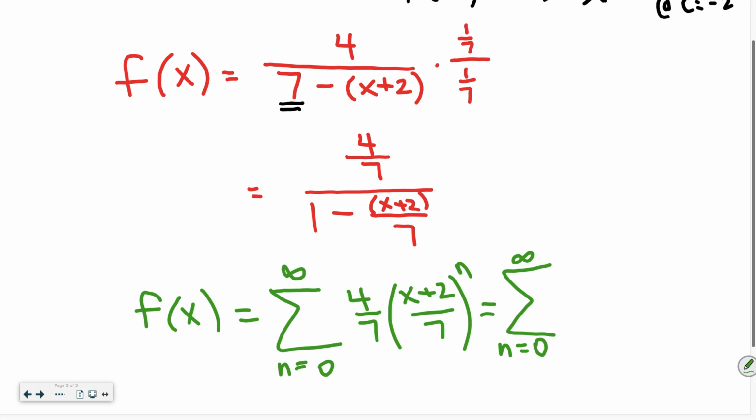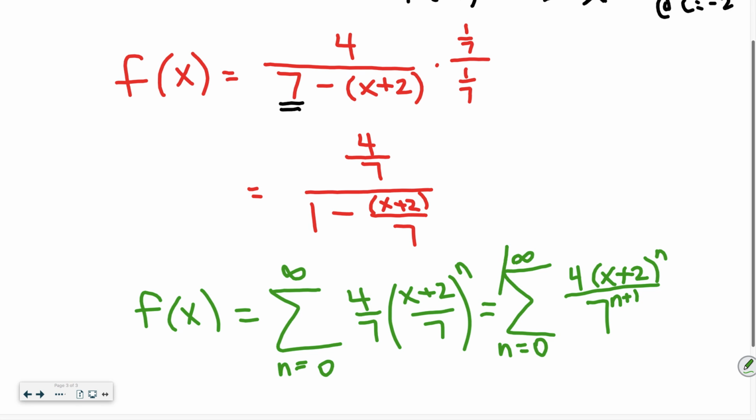Okay. So then technically this is fine. But sometimes you see the center raised to the power all by itself. And since this is 7 times 7 to the n, you could write it as 7 to the n plus 1.